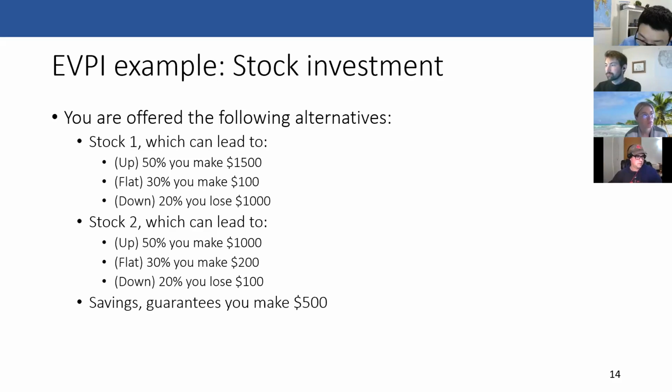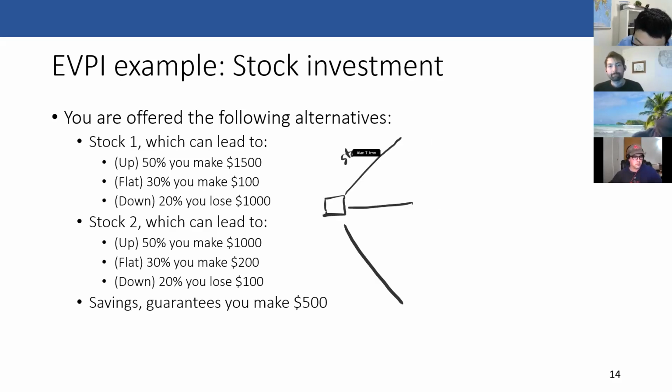Okay, and so let's build our tree. So we have 3 decisions: stock 1, stock 2, and savings. The savings is the easiest. We're guaranteed 500 here.